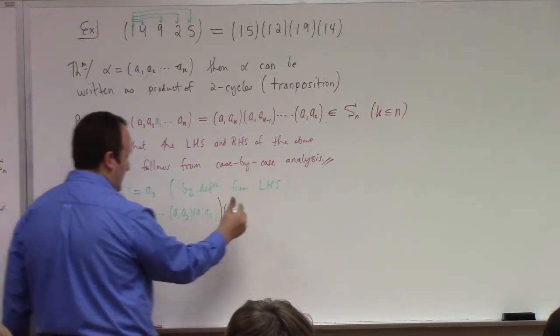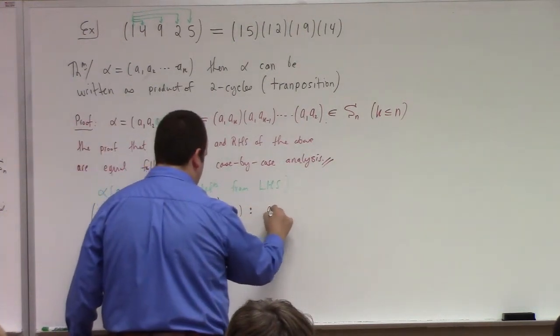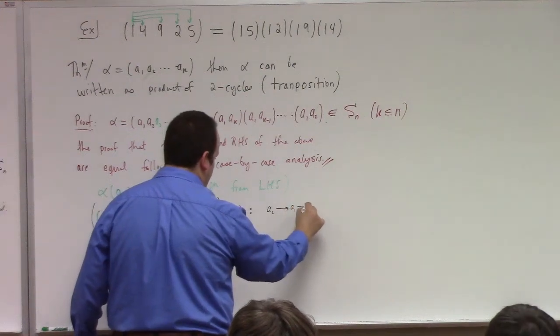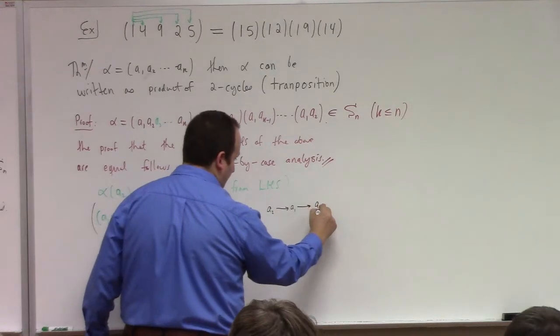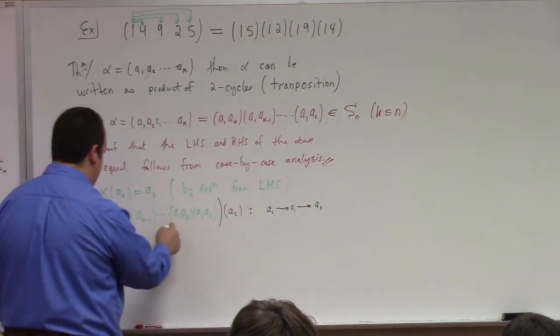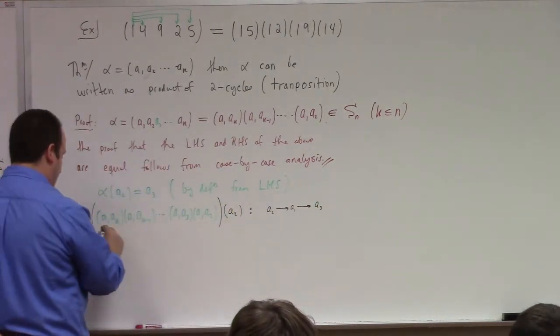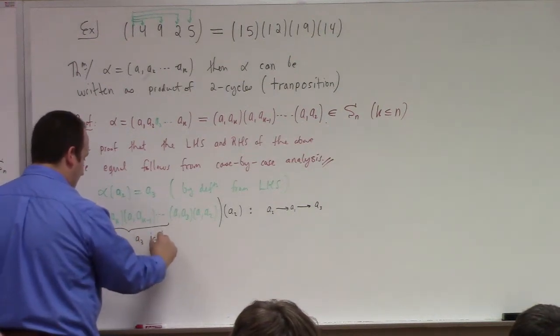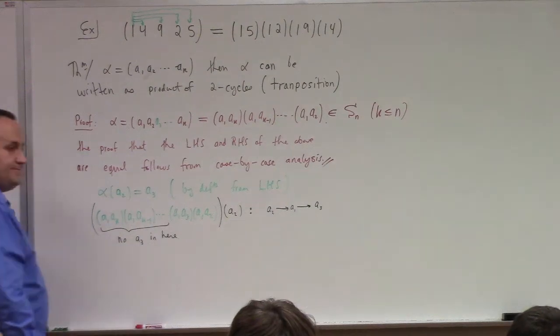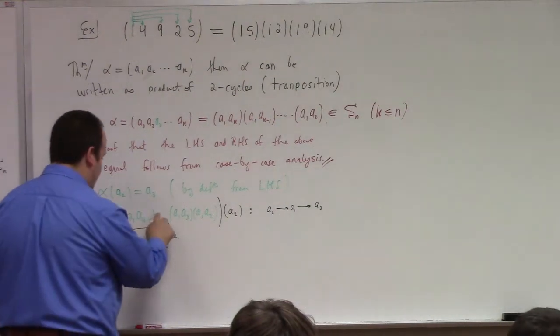So let me sort of tell the story here. a2 goes to a1, and then a1 goes to what? a3. And then what happens to a3? There is no a3 in here, right? So if I write the next one just for the sake of clarity.